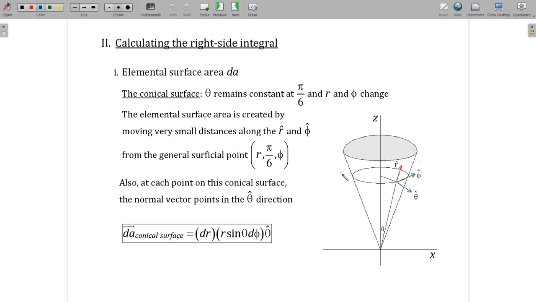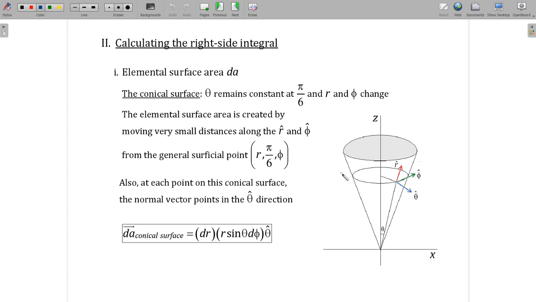You should think about these statements and verify them, because that will improve your intuitive understanding of the coordinate system. If I'm on this cone, theta must be pi by 6. As soon as I change theta, I have left the surface of this cone. But if I keep theta the same and change r and phi as much as I want, I will remain on this cone, as long as I don't change r beyond capital R, right?